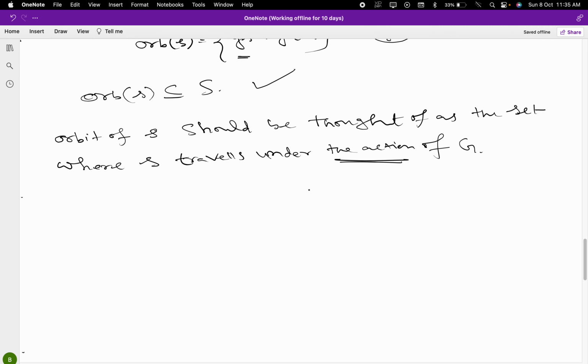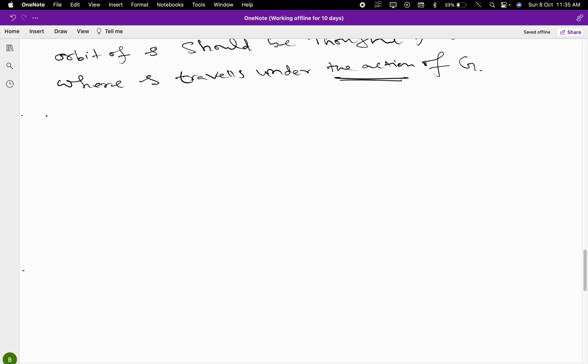For examples, you can take the previous examples we have defined. Sn acts on S, where S is 1 up to n.